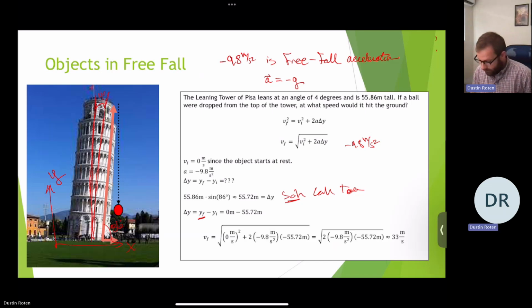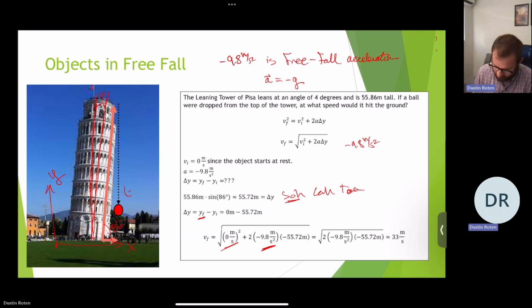Now we can just plug in all this information that we have. We know the initial speed, a velocity of 0 meters per second. That's easy to deal with because 0 squared is 0. So that's going to be plus 2 times our acceleration, which is our free fall acceleration due to gravity. That's going to be multiplied by that distance, which, keep in mind, is negative because we're falling in the negative y direction.